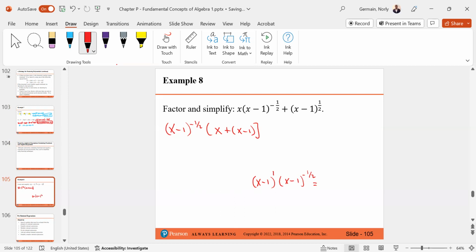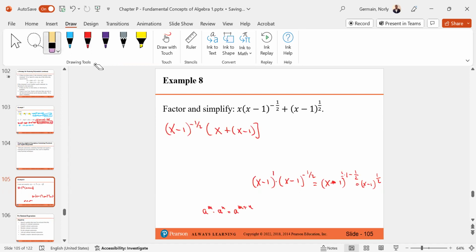So if I add the exponents, because remember a to the power m times a to the power n, you add the exponents, you can do x minus 1 to the power 1 minus 1/2. So that would be x minus 1 to the power positive 1/2, because you put the same denominator: 2 minus 1 is 1.